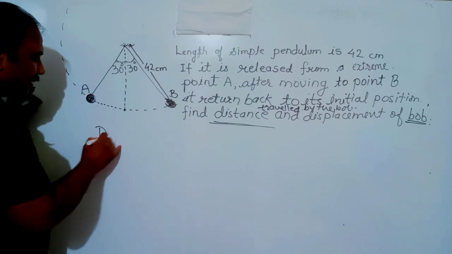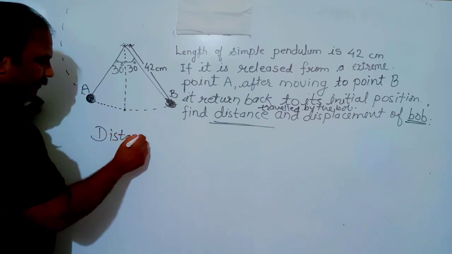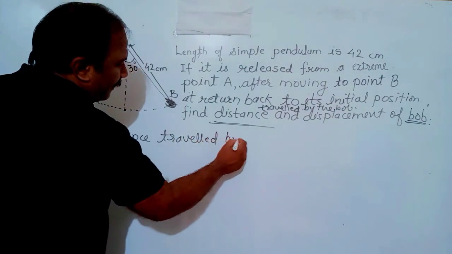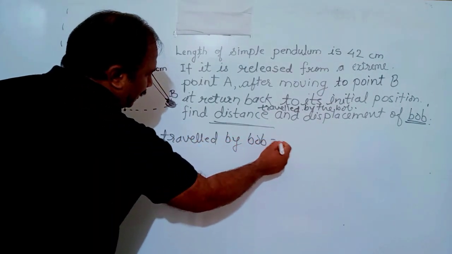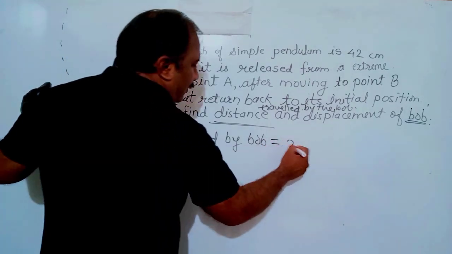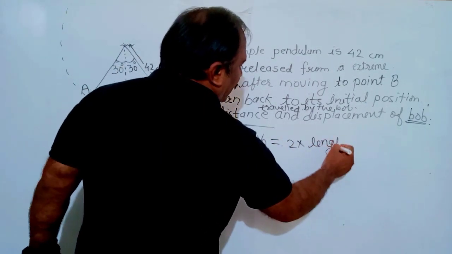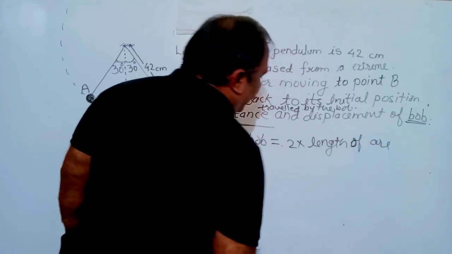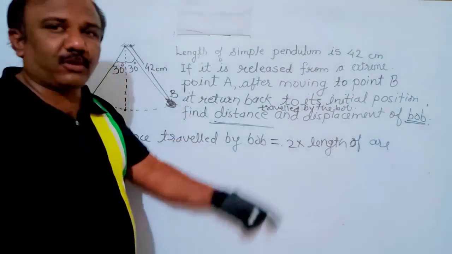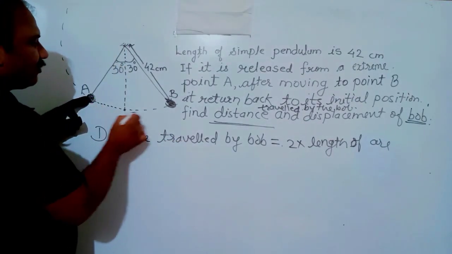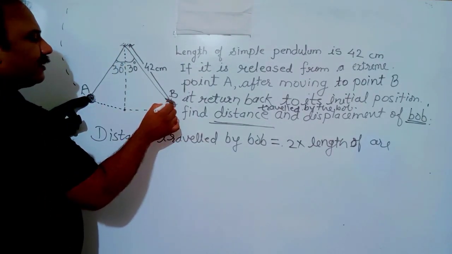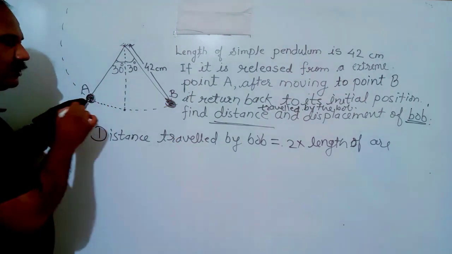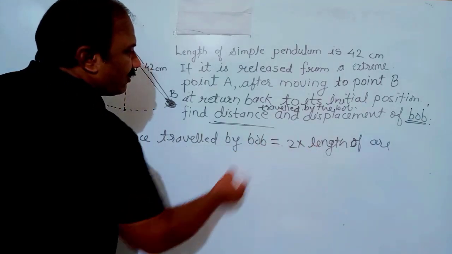Now distance traveled by bob is equal to 2 into length of arc. Why is it 2 into length of arc? Because this is the length of arc and from this position the bob again returned back to its original position. That's why it is 2 into length of the arc.